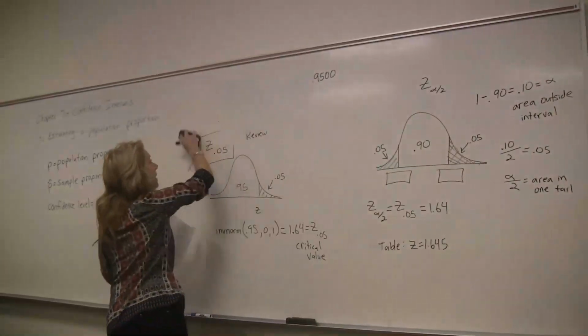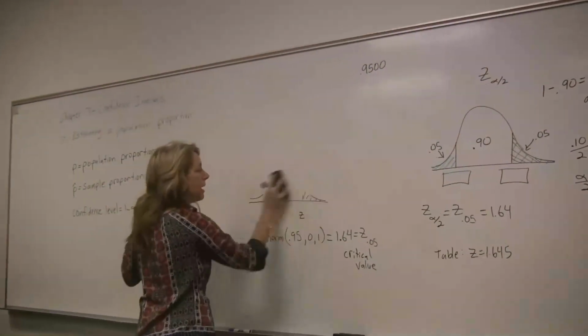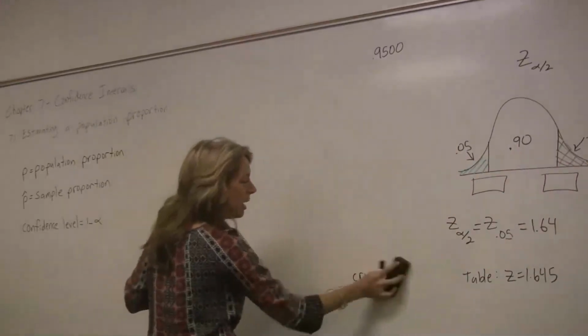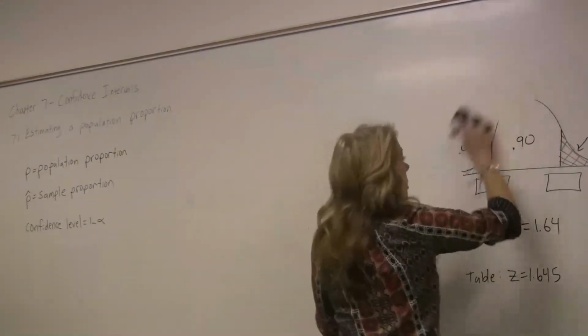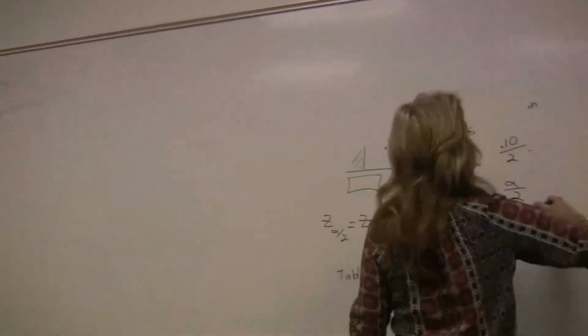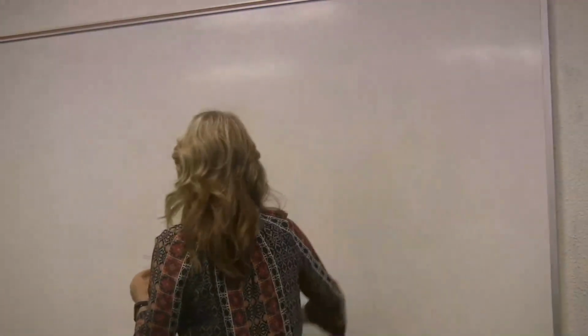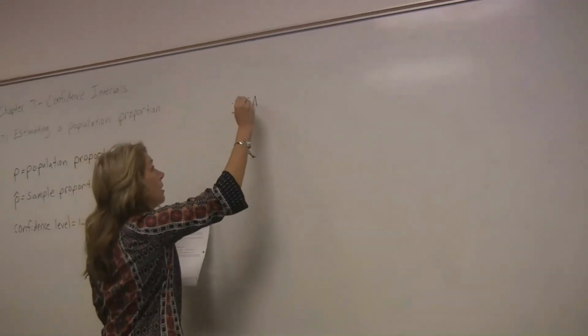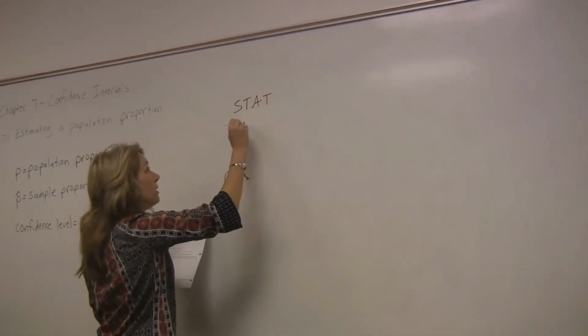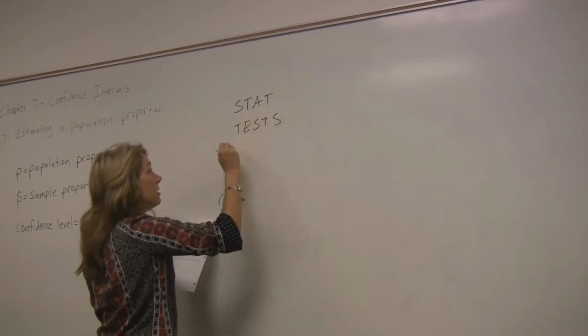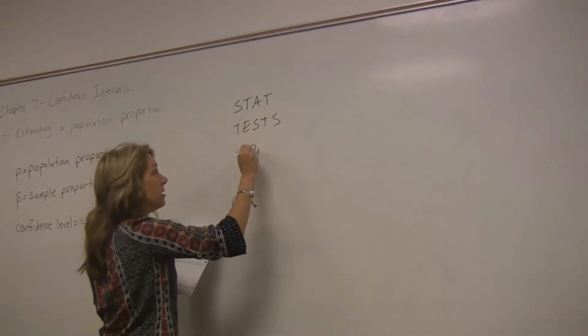See if you can find that. If not, I'll pull it up on my screen, but I have a feeling that you can help each other get there. Stat and tests, and then you go down to 1 prop z int.